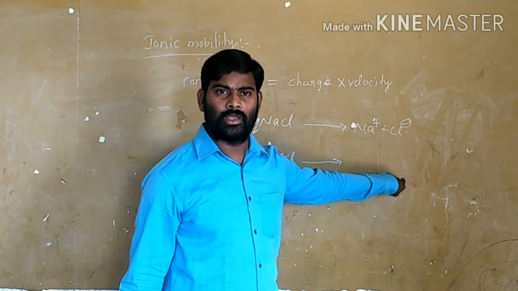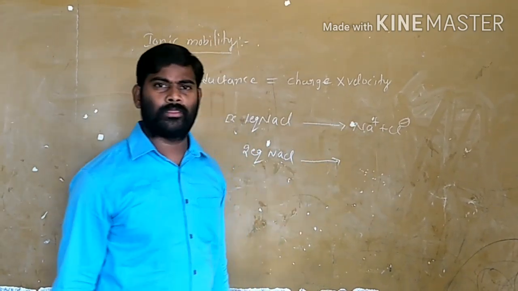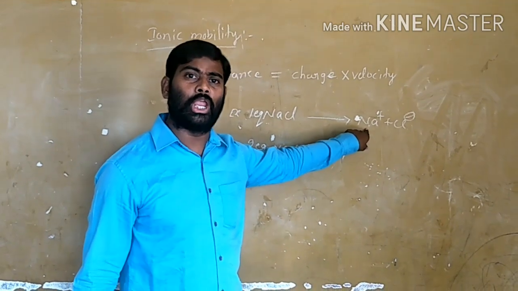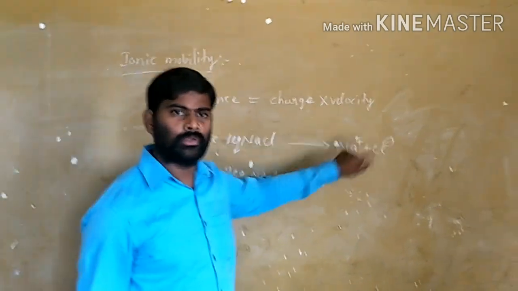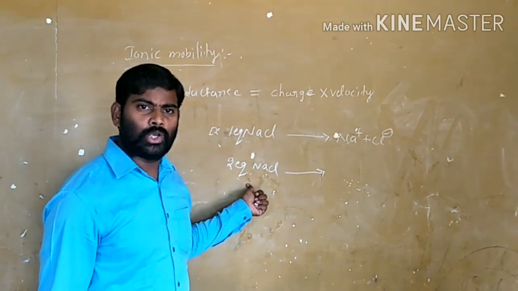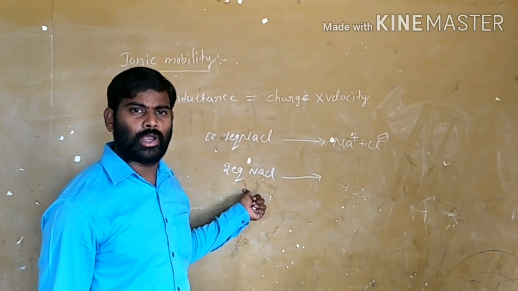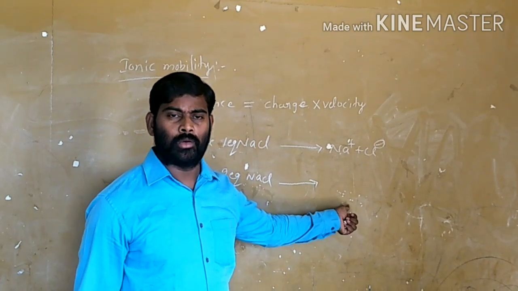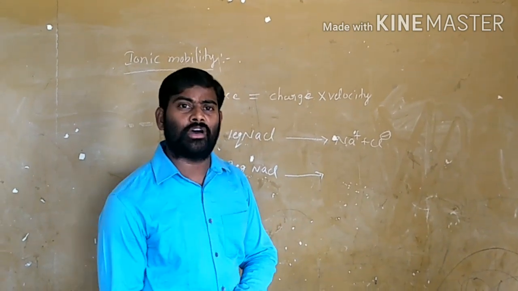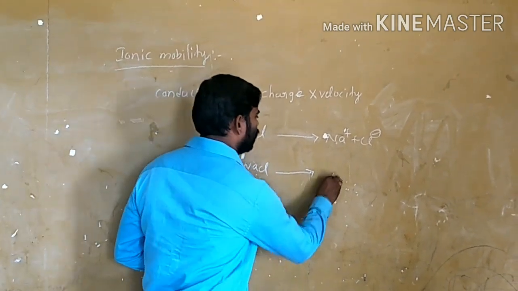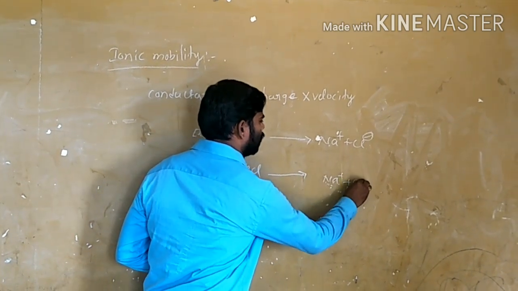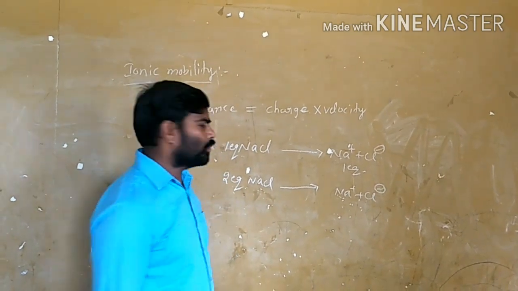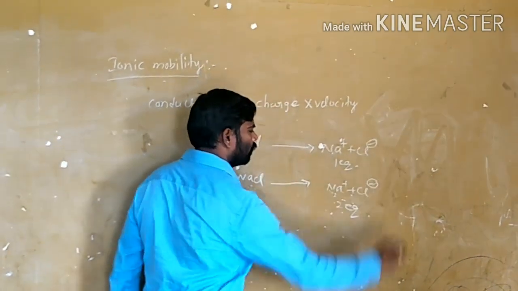By comparing these two, one equivalent of electrolyte produces an equivalent number of ions, and two equivalents of electrolyte at infinite dilution produce two equivalents of ions.